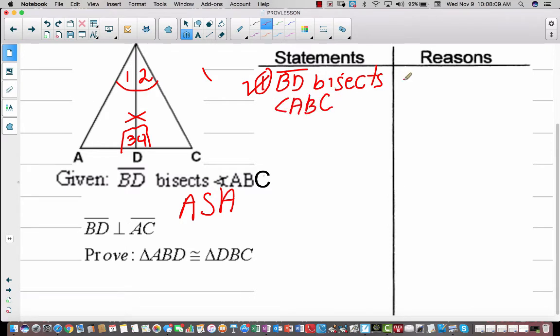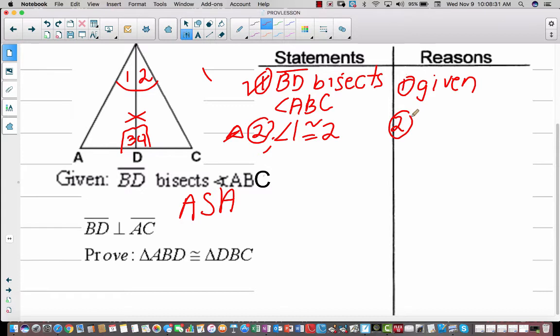That was given. My step 2, which was my new step, gets a star. Only one step routine here. We're going to conclude that angle 1 was congruent to angle 2. And my reason, as we saw before in the quotation marks, is the definition of angle bisector.